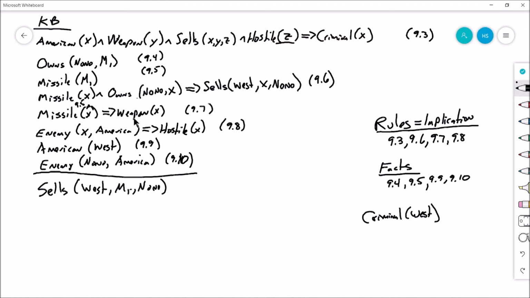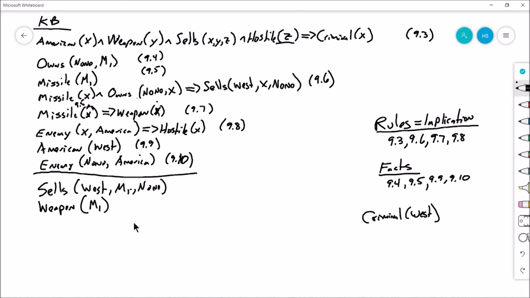Since that's satisfied, we can add Weapon(X) to our knowledge base, where we've replaced the X with M1, because Missile(M1) satisfies the premise and M1 was our substitution for X. Therefore, we have unification by having X replaced with M1, so we can add Weapon(M1) to our knowledge base.